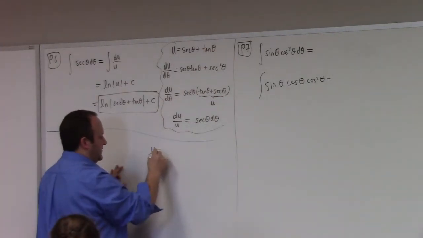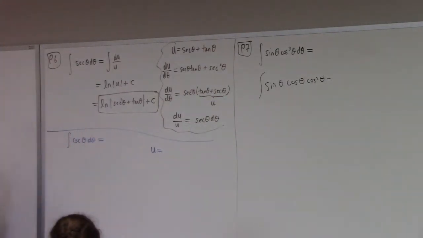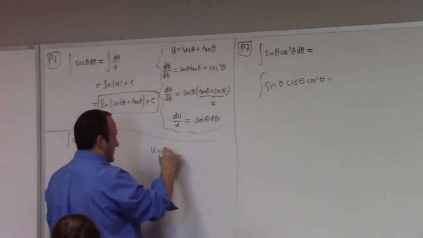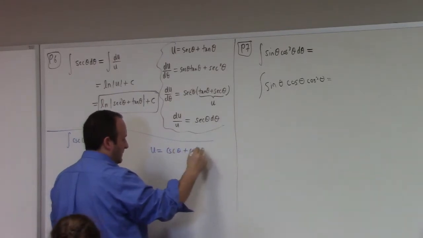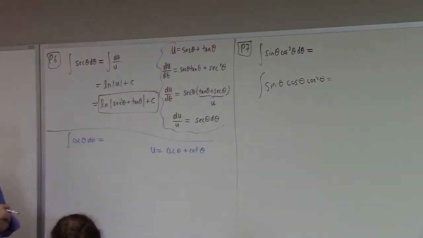I'm pretty sure u equals what will work? Cosecant plus cotangent. Cosecant theta plus cotangent theta. Each one of those has a derivative which picks up a minus, right? The derivative of cosecant is minus cosecant cotangent. The derivative of cotangent is minus cosecant squared. So we should be able to go through a very similar calculational process to do that one.